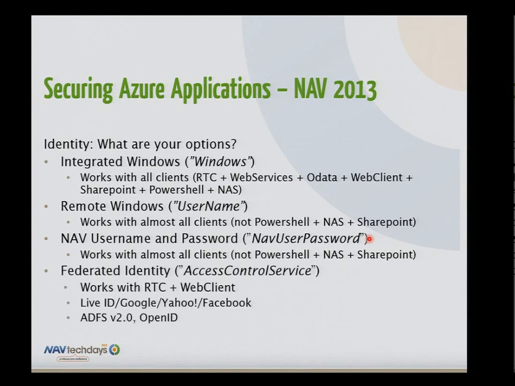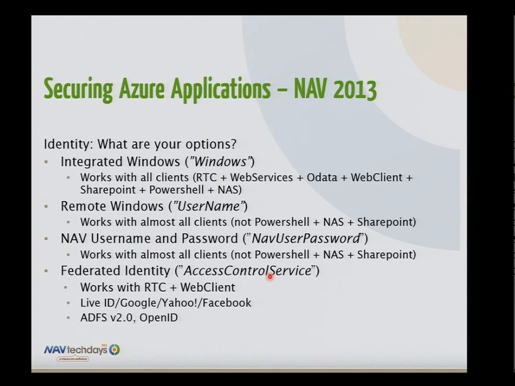And then we have federated identity. And the value in the config file is called access control service. And it works only with RTC and web client. And the reason for that is that this is a truly Azure or hosted specific config setting.